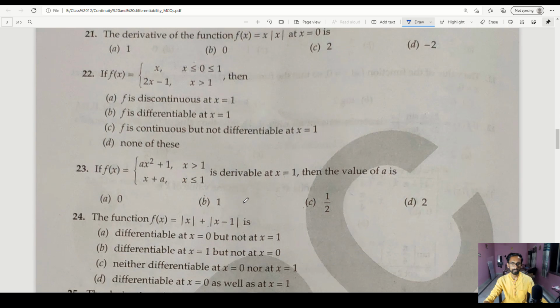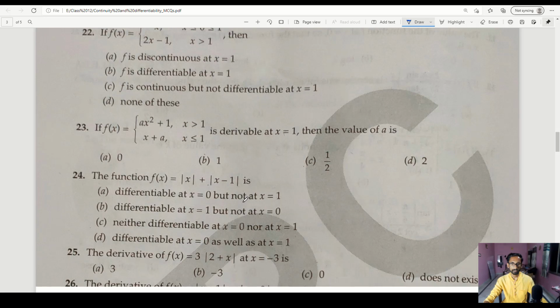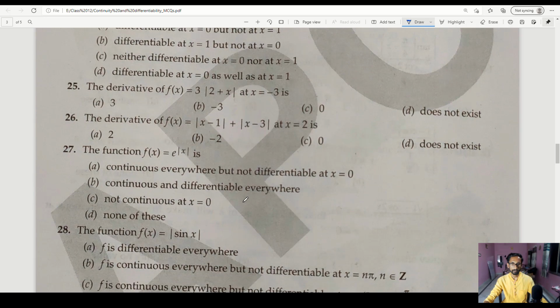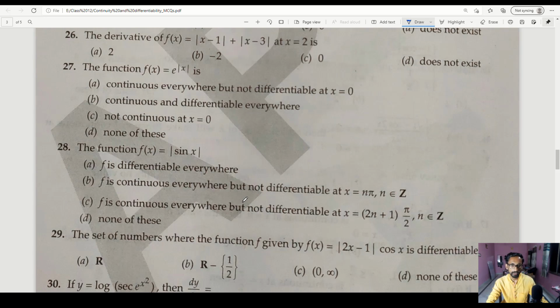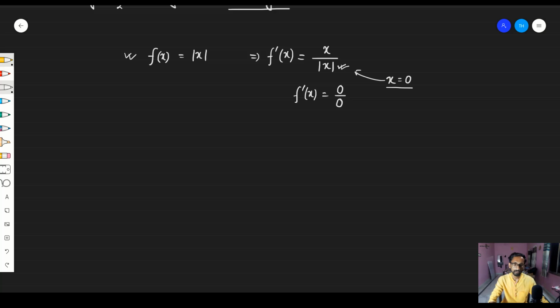Let us consider another example of the same type. Question number 28. It says the function f(x) is equal to mod of sin x. We need to find where this particular function is continuous but not differentiable.